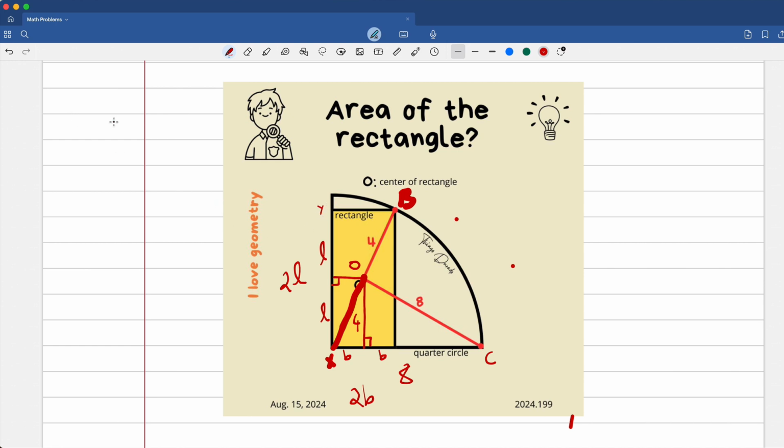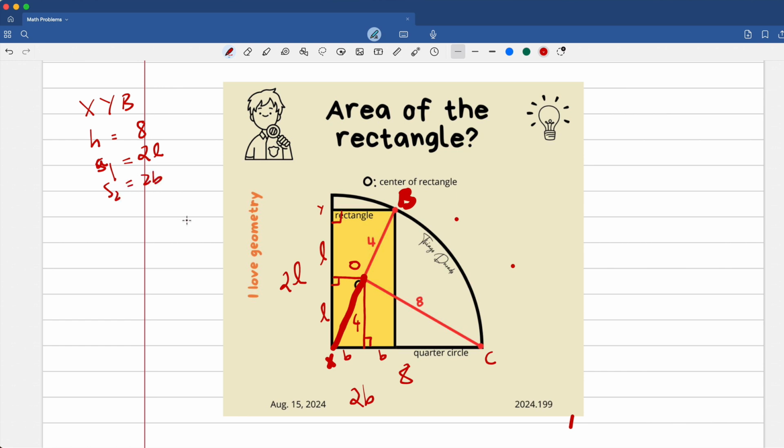So a couple of triangles you should think about. XYB is a right angle triangle because it's a rectangle. The hypotenuse of which is 8, the radius of the circle, the quarter circle. One of the sides, side 1, is basically the length of the rectangle, which is 2L, and side 2 is basically 2B.